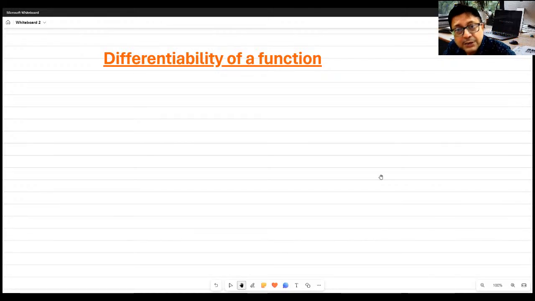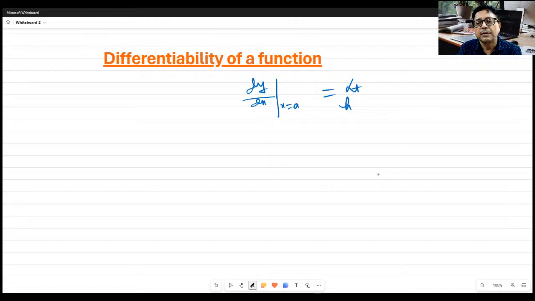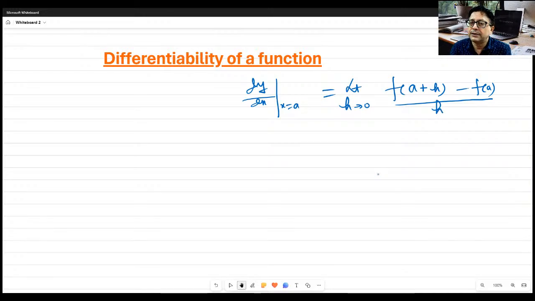When you do first principle of differentiation, you can see that f dashed a, I mean the value of dy by dx at x equal to a, is the limit h tending to 0 of f of a plus h minus f a by h, isn't it?